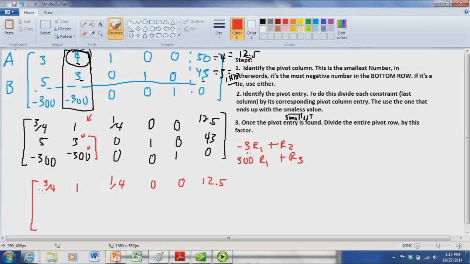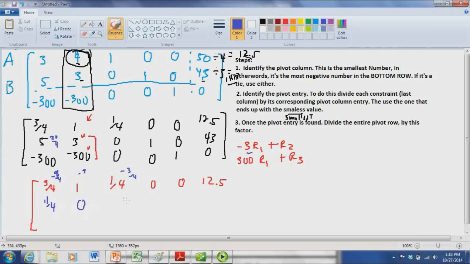Okay, now I'm going to go times -3. So I'm going times -3 times that entire first row. So -3 times 3/4 gives -9/4. Then -9/4 and 5 is going to be 11/4.